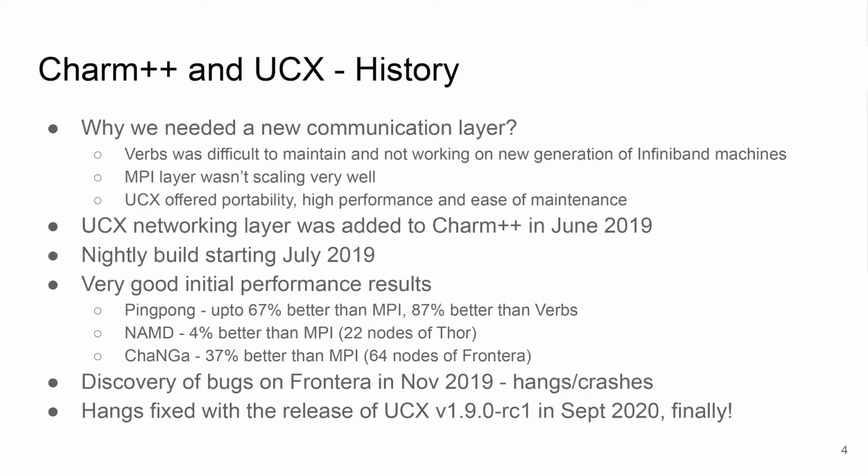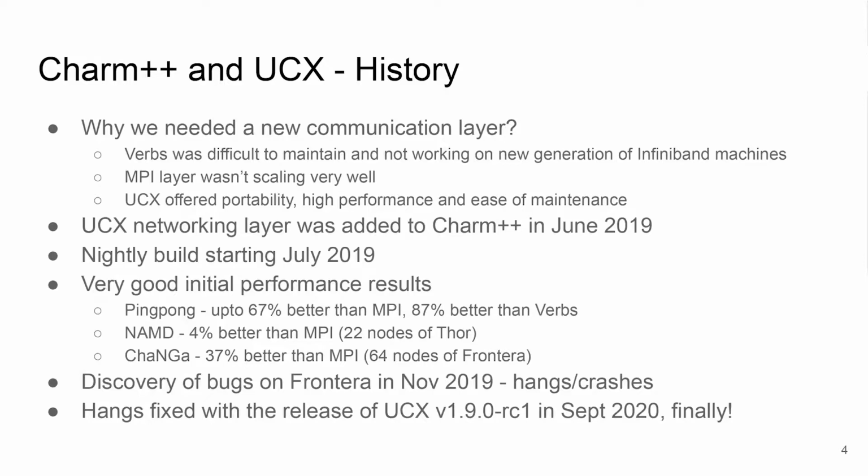Right. So I think it was primarily the way the verbs layer was written. It was quite old and it was not maintained. And we saw that many times we ran into issues with registration and stuff. So from my end, I think it's largely to do with the fact that the verbs layer was not maintained.